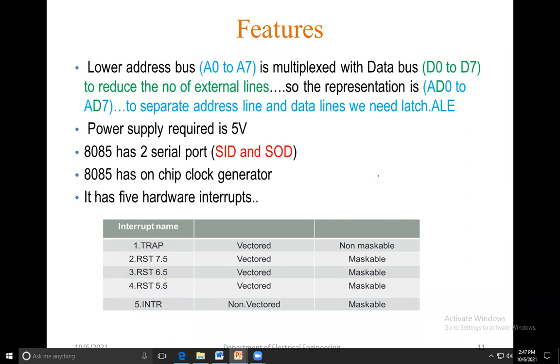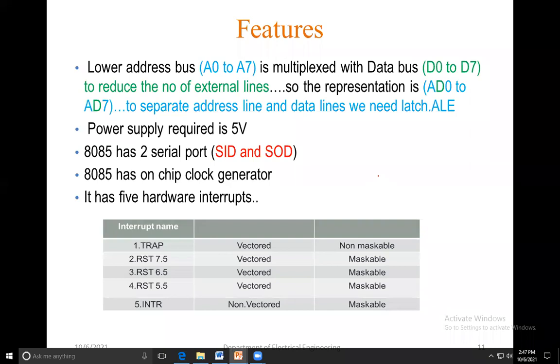Suppose we are sitting in the theater, and if there is an alarm, you must open the exit door first for the people going out. So this priority is non-maskable. You must first open the exit door. Non-maskable means what?